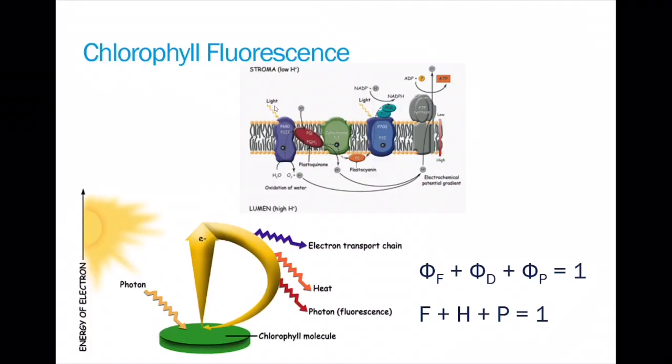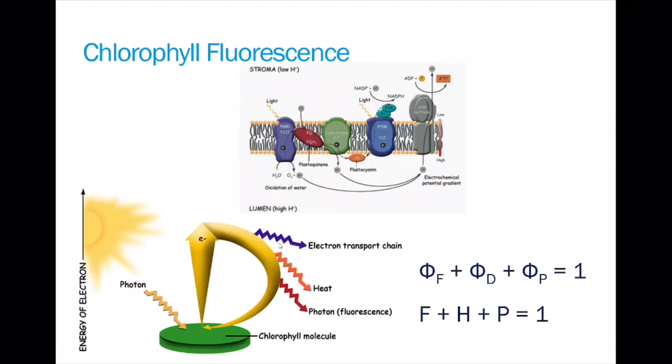So as a review, when a photon of light is absorbed by a chlorophyll molecule, that molecule gets excited, and it can use that energy for three pathways.